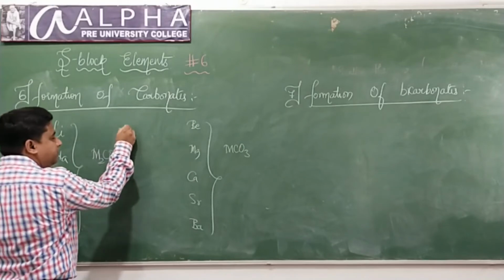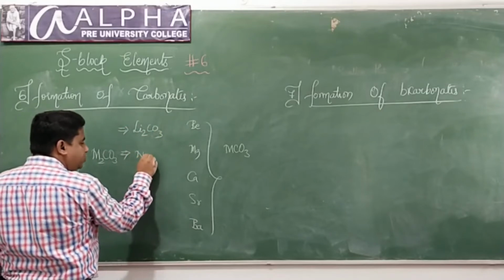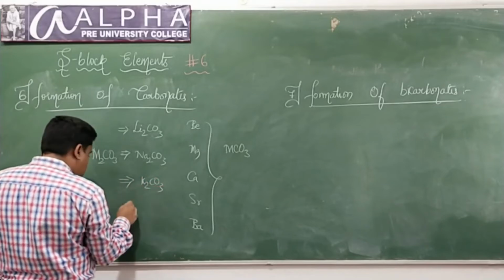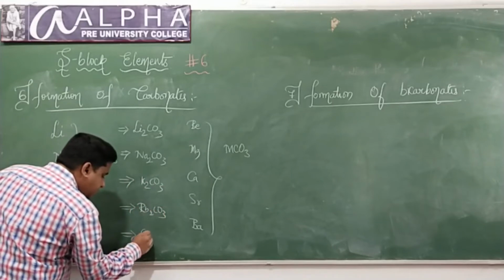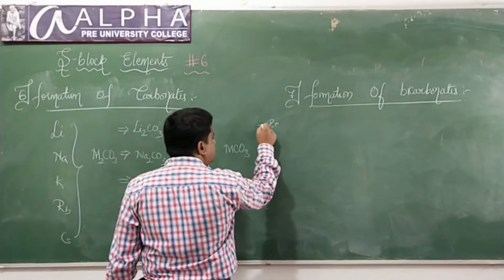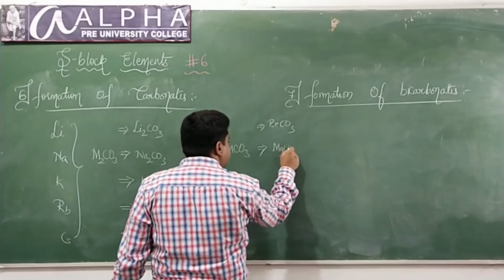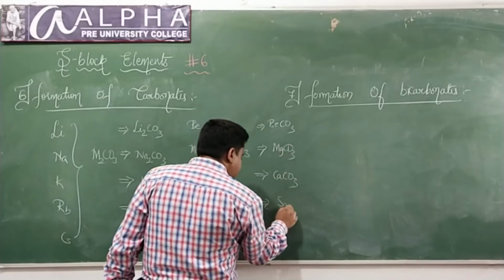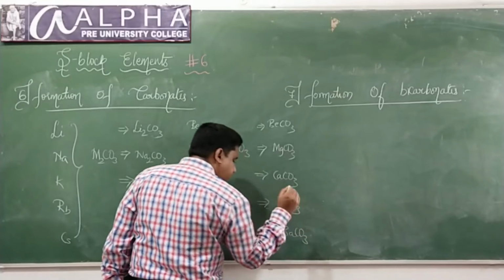For example, lithium carbonate Li2CO3, sodium carbonate Na2CO3, potassium carbonate K2CO3, rubidium carbonate Rb2CO3, cesium carbonate Cs2CO3, beryllium carbonate BeCO3, magnesium carbonate MgCO3, calcium carbonate CaCO3, strontium carbonate SrCO3 and barium carbonate BaCO3.